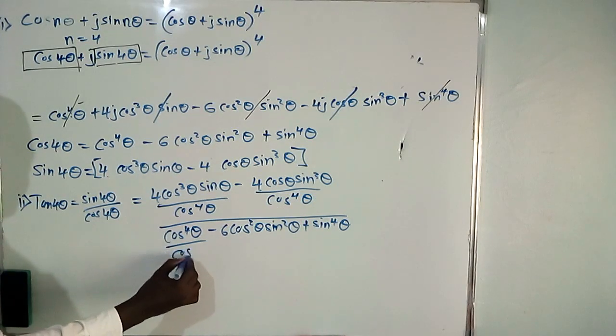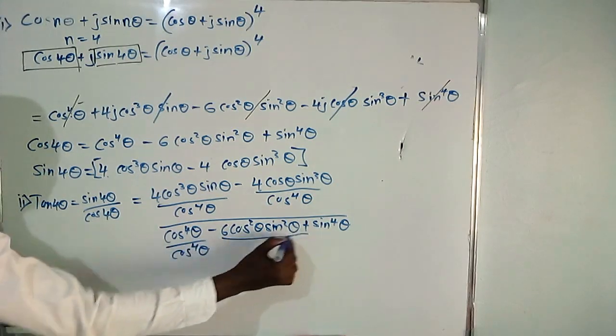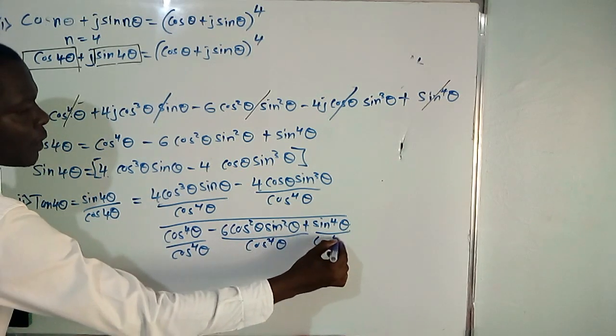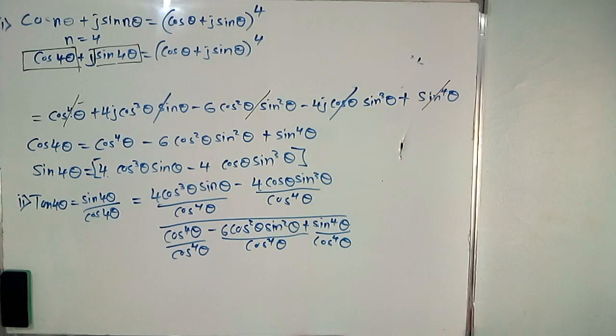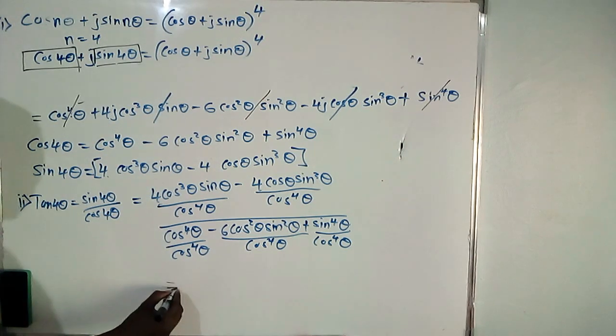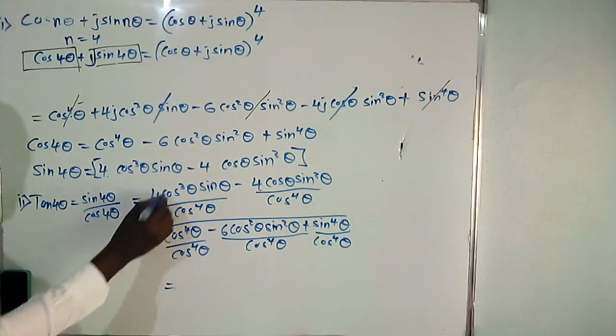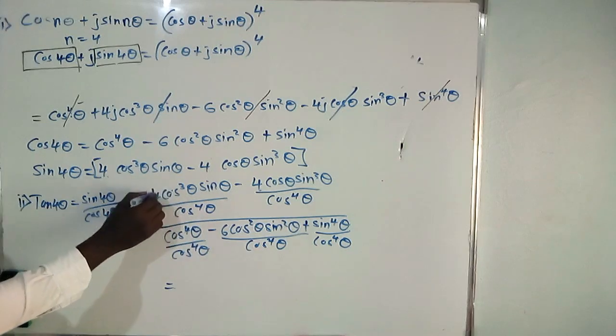Having divided all through by cos raised to power 4 theta, the next step is to simplify, isn't it? I start with the numerator. The cos raised to power 3 theta will cancel out with cos raised to power 3 theta, meaning we only remain with one cos theta. So now we have sin theta over cos theta.